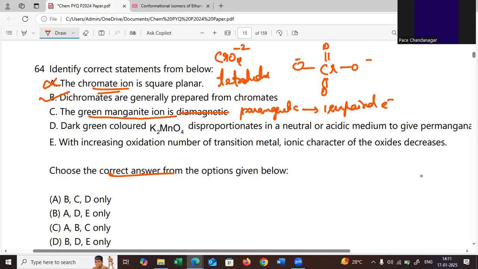Yes, it is correct. Then with increasing oxidation number of transition metals, the ionic character of oxides decreases. Yes, because as the oxidation number of the transition metals increases, the covalent character increases, right? Therefore, the ionic character of these oxides will decrease. So option E is right. B, D, E are right here. So option D would be your answer here.